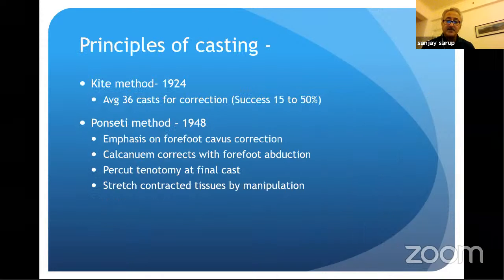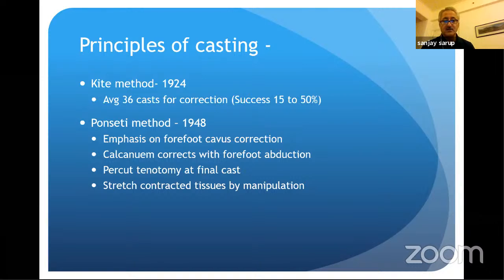Now, what are the principles of casting? When I was a medical student, we grew up on the Kite method, which was originally described in 1924. And averagely, if you look at world literature, it takes about 36 casts for correction, with a success of 15 to 50%. Ponseti method was initially invented in 1948. We came to know of it in the 1990s, and it was like a breath of fresh air.